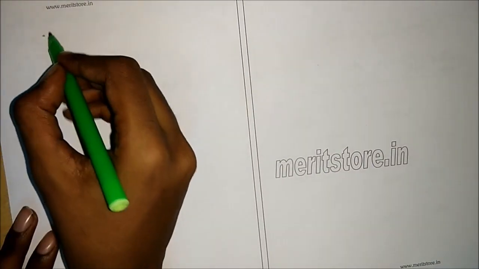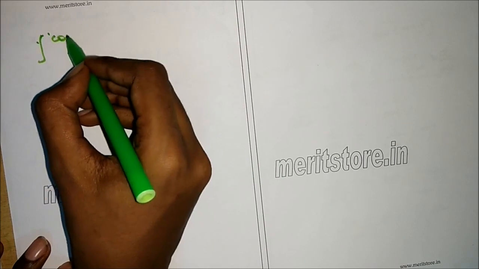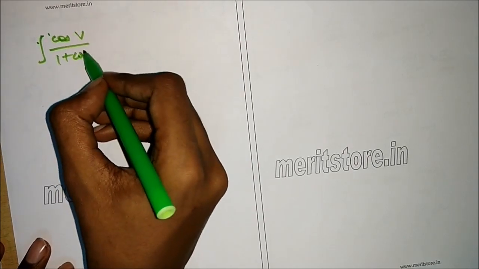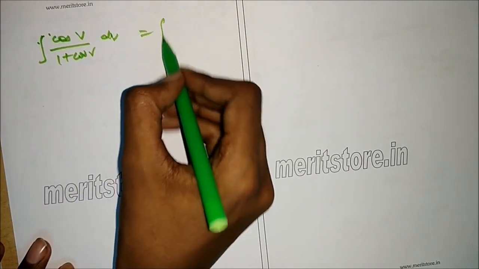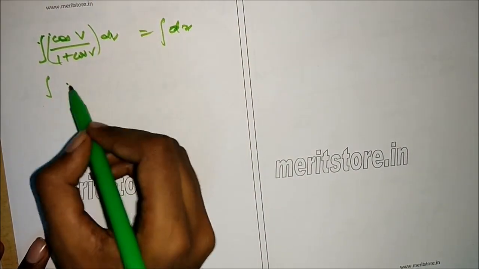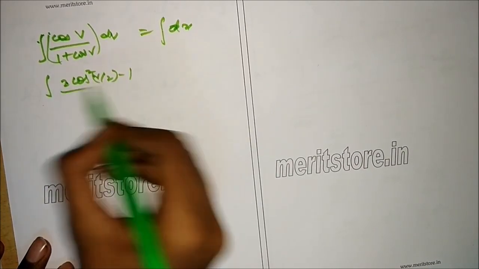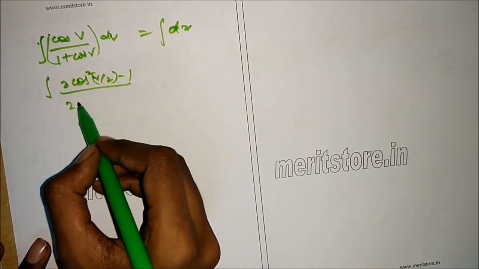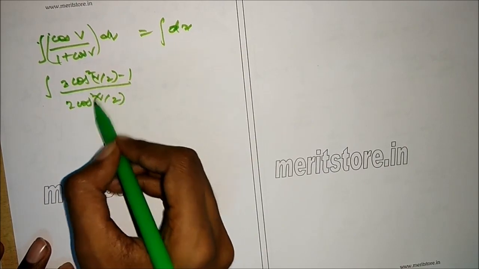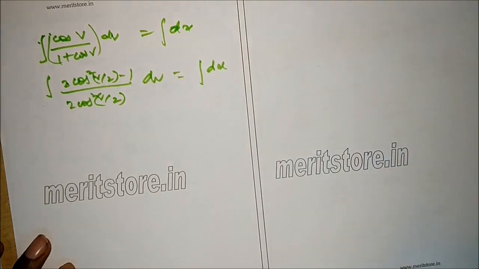so previous term was integration of cos v by 1 plus cos v dv is equal to integration dx. First we'll simplify this. So cos v can be written as 2 cos square v by 2 minus 1, and 1 plus cos v can be written as 2 cos square v by 2, into dv is equal to integration of dx.